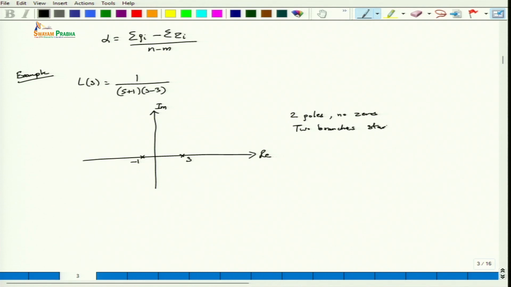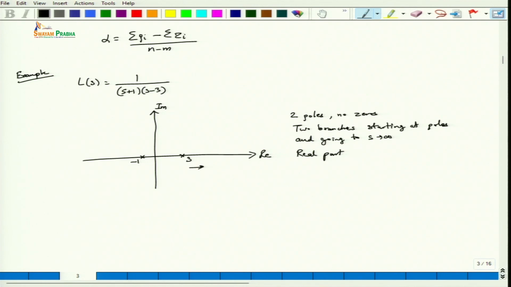Starting at the poles and going to S tending to infinity. And the real part: if you go beyond 3 on the positive real axis, there are no poles or zeros, so that part is not a part of the root loci.